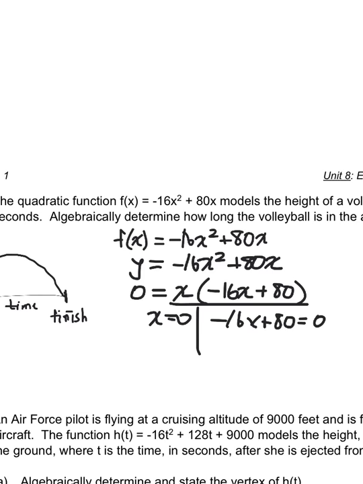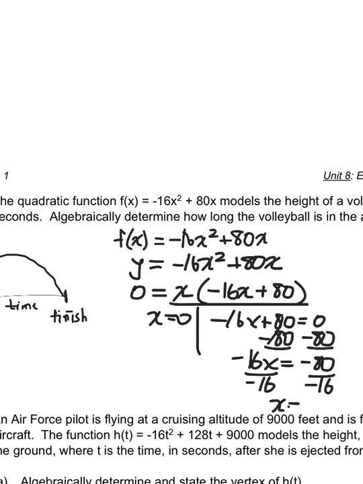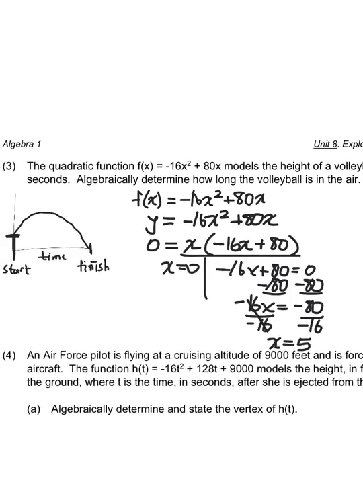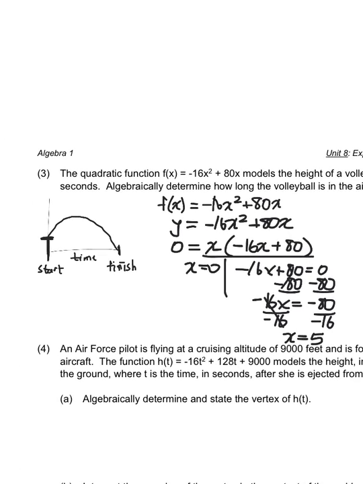All right? I want to solve this second equation by subtracting 80 from both sides. I'm looking at negative 16x equal to negative 80. Divide out the negative 16. And what do I get? 5. All right. So this was my suspicion or assumption.